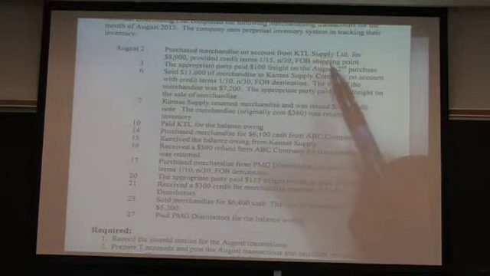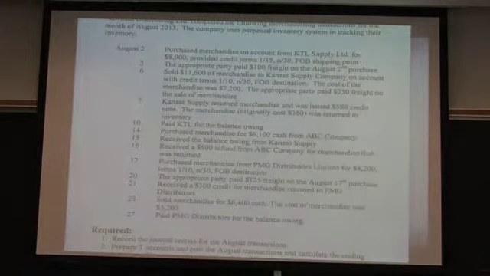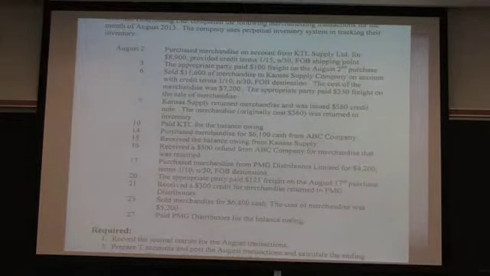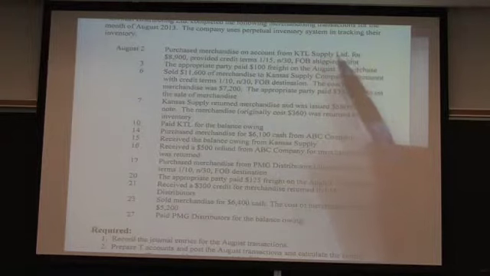And two, it also is important because it allows KTL, the seller, to determine when to recognize revenue. So if it's FOB shipping point, as soon as the goods leave the warehouse of KTL, that's when KTL can recognize revenue.